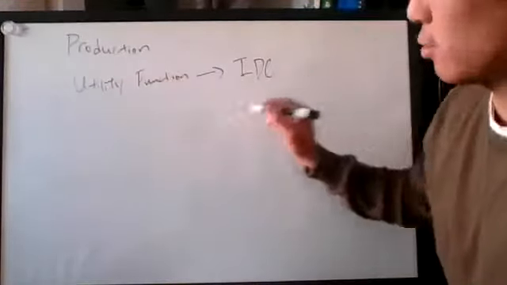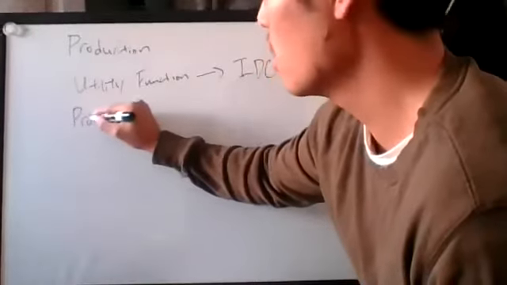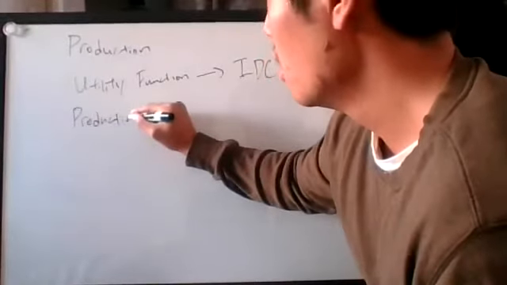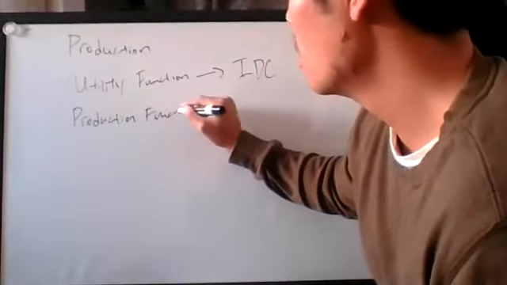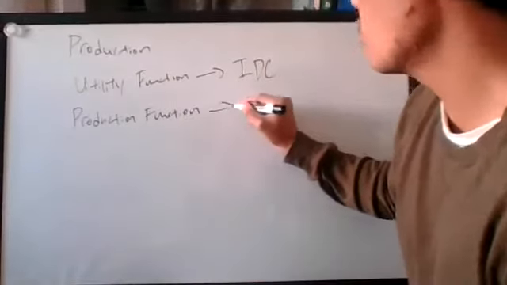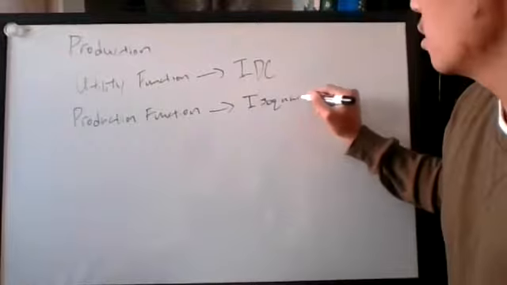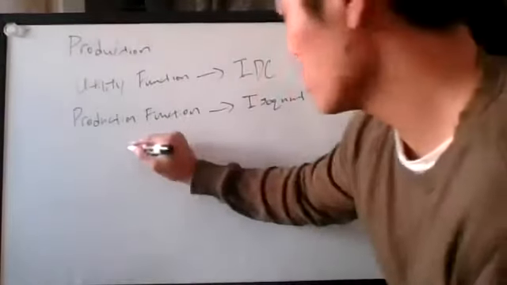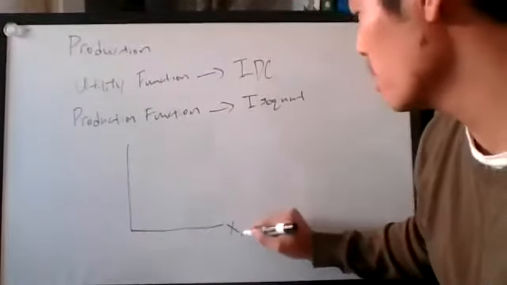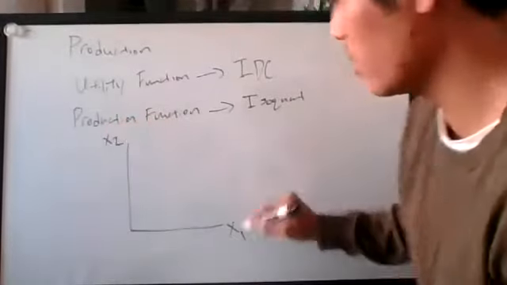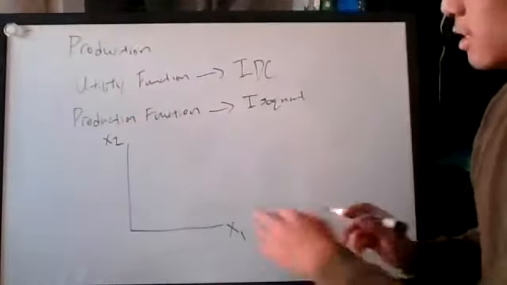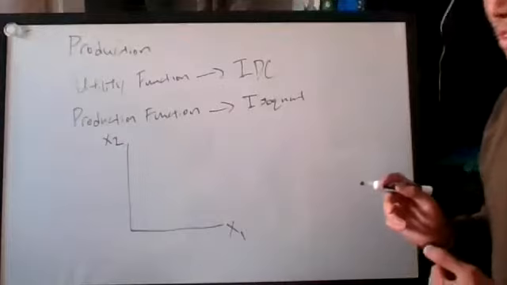In that same exact way, the production function is going to correspond to what we call an isoquant. And so we're still going to have our x1 and x2 axes, good 1 and good 2, or in this case input 1 and input 2.